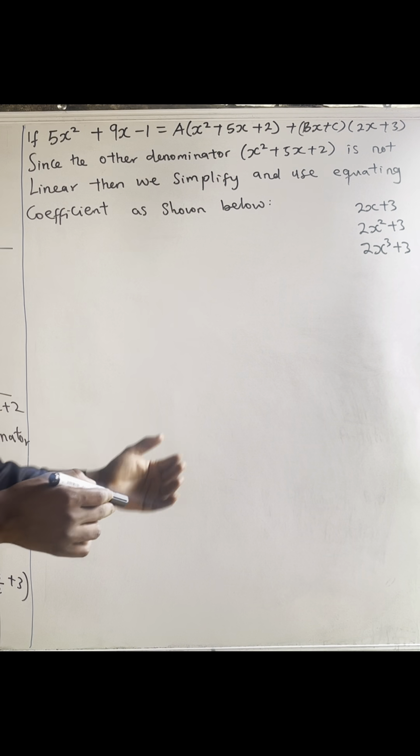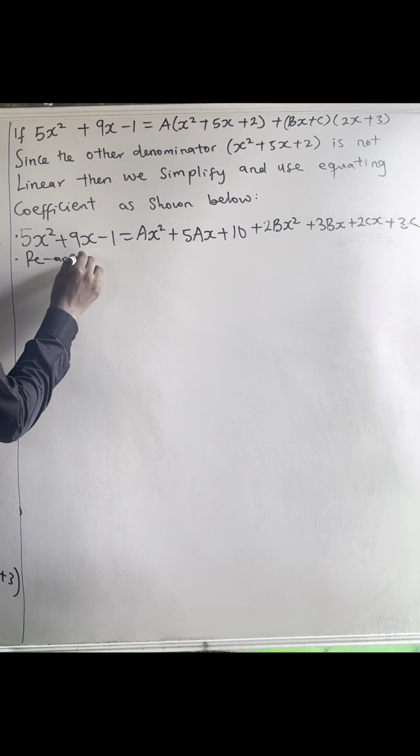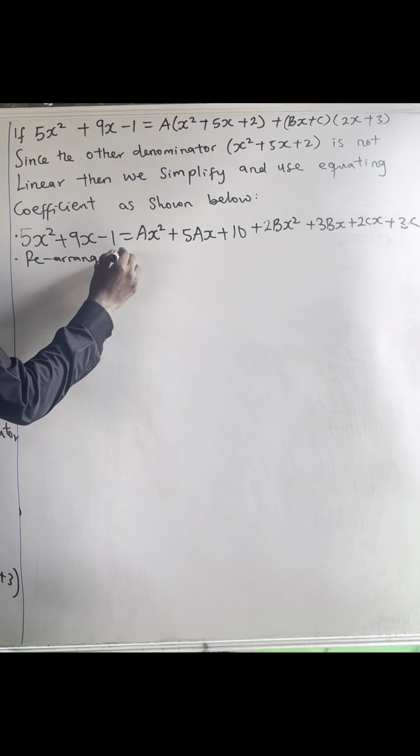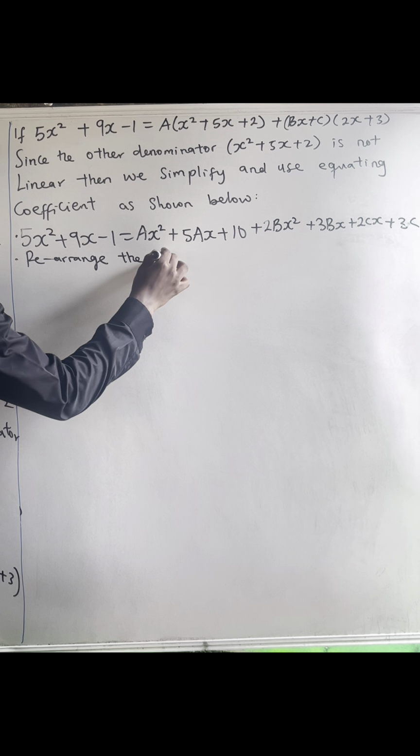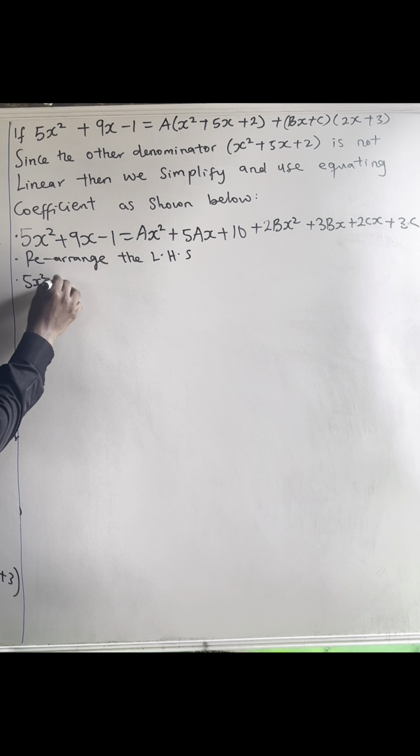So the first thing I'm going to do is open the bracket, simplify the bracket. After that, I'm going to rearrange and collect the like terms, all the like powers. Rearranging the left hand side, this will be 5x squared plus 9x minus 1. This is ax squared. This is 2bx squared. The highest power is x squared. We are going to bring them together.